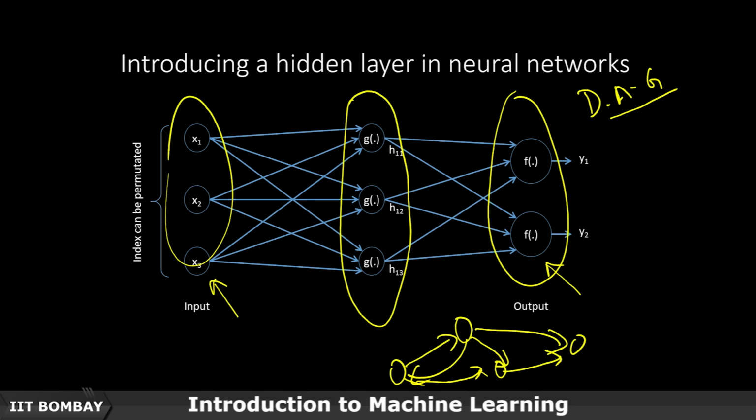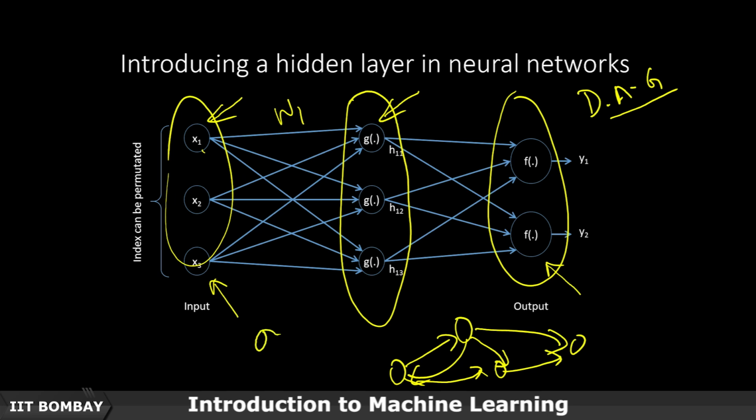Now what is happening here is that we have these inputs, and we multiply all of them with the weight matrix W1. So this is W1 times x, and then we pass it through some nonlinear function which pointwise computes a nonlinearity. So what does this mean?